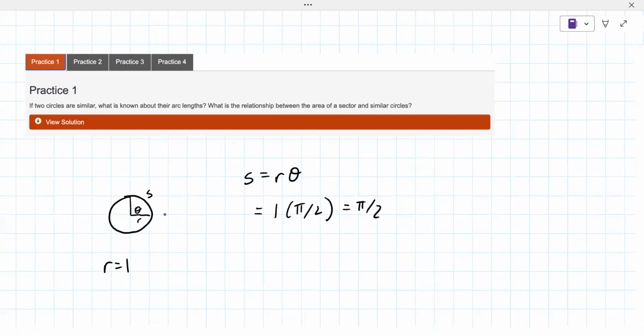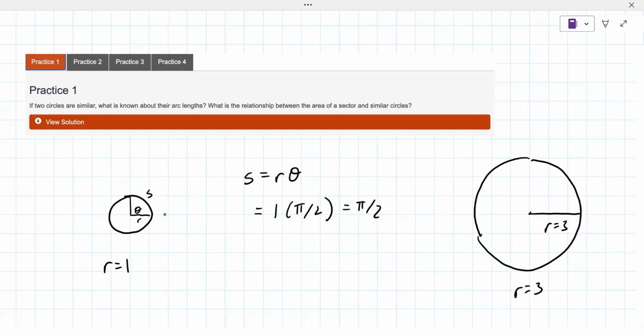So pi over 2. Now, if we know they're similar, let's do a bigger circle, something with a radius of 3. Well, what's going on here? The radius is 3 times as big.